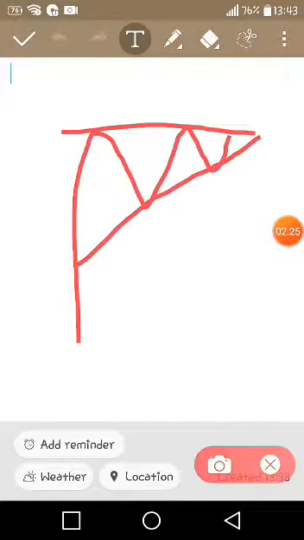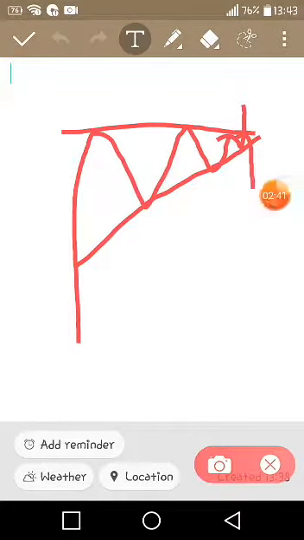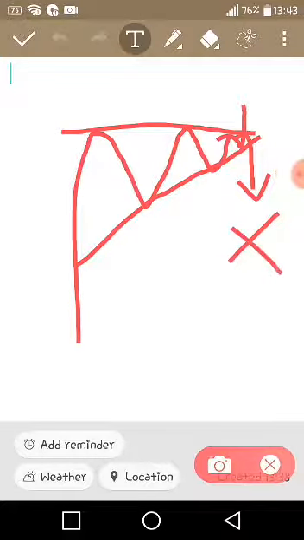And the mistake you guys make is that when price moves down and breaks out here, you just take a sell. No, in an ascending triangle, if price breaks down and you take a sell, it will retrace. No, it's wrong. The best way to trade an ascending triangle is when it breaks out upward.